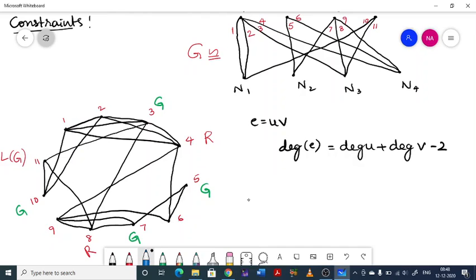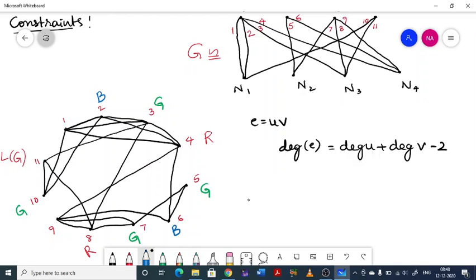blue. So 2 is colored with a blue color, so 1 cannot be blue, 10 is already colored. Okay, come to this, 3 already colored, 4 already colored, 5 already colored, 6. So 2 and 6 are not adjacent, so this can be blue.